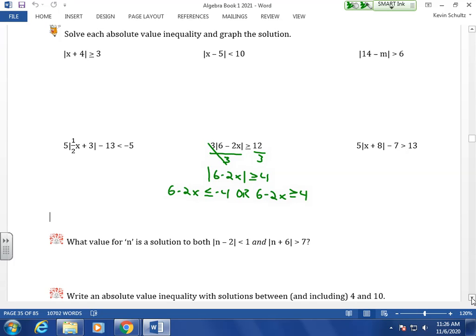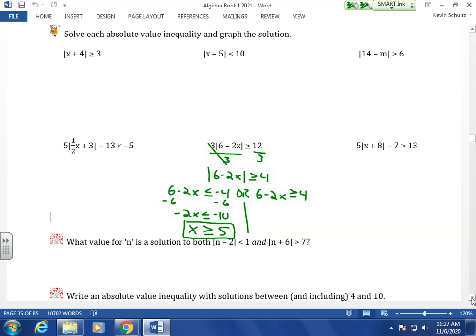To solve each of these, split it right down the middle, and we go to work. Subtract 6 from both sides. That gives us -2x is less than or equal to -10. And here's where we get to divide by a -2, which means, yes, we do flip our sign. So we get x is greater than or equal to +5.